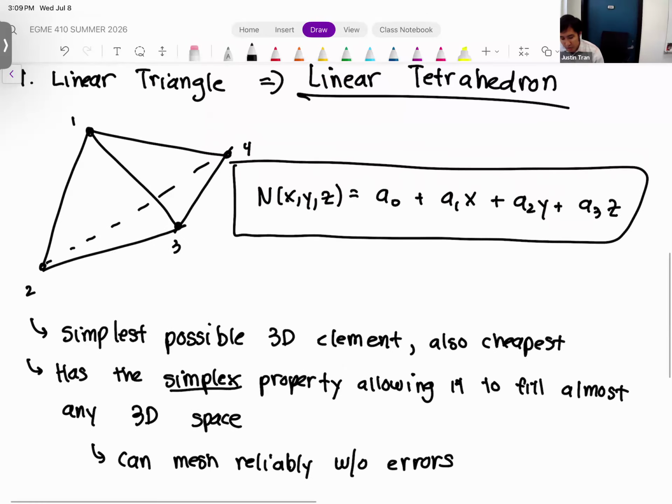It is still possible to get mesh failures with linear tetrahedron, but it is a lot more difficult to do so. Generally speaking, if you have a very complex geometry, usually it's not a bad idea to use a tetrahedral element to mesh it, just because you'll have a much better chance of getting a successful mesh from them.